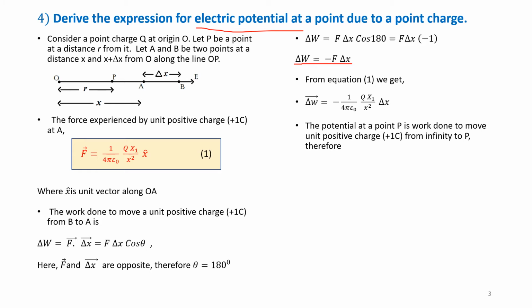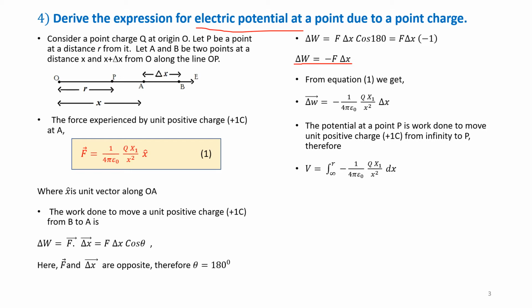So the potential at point P is the work done to move the unit positive charge, that is plus 1 coulomb, from infinity to P. Therefore, work done is potential, that is the potential V is given by V equals integral from infinity to r, as we are bringing it from infinity to r, of 1 over 4 pi epsilon naught Q times 1 divided by x square dx.